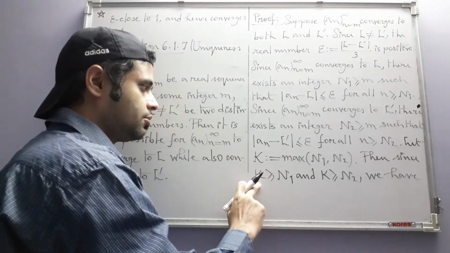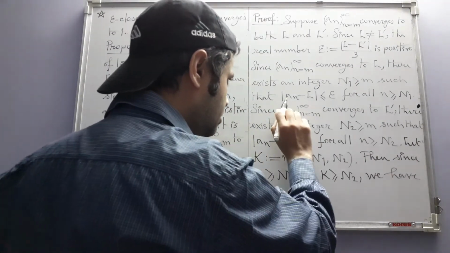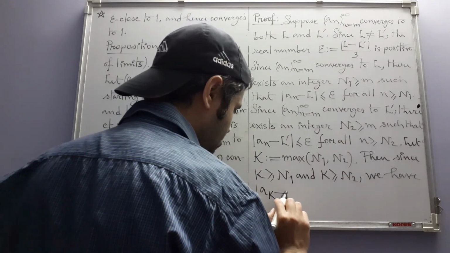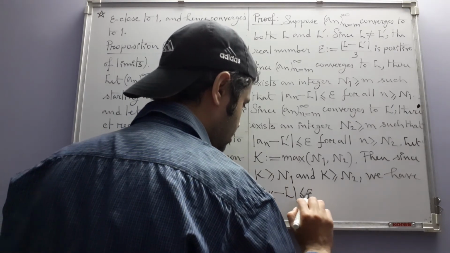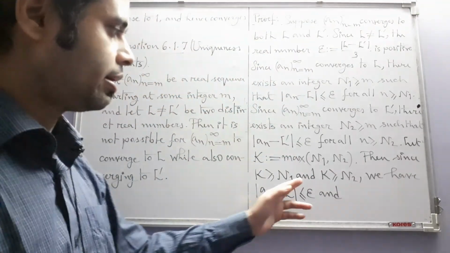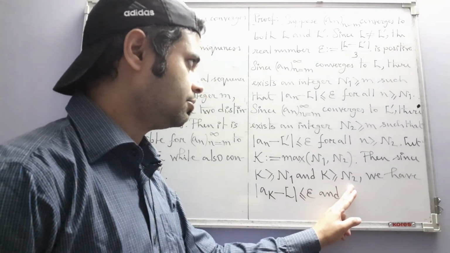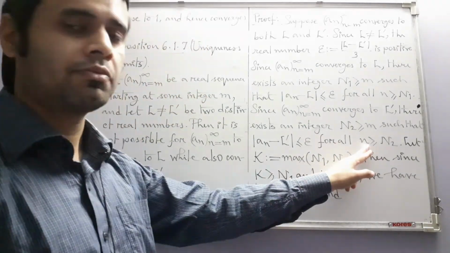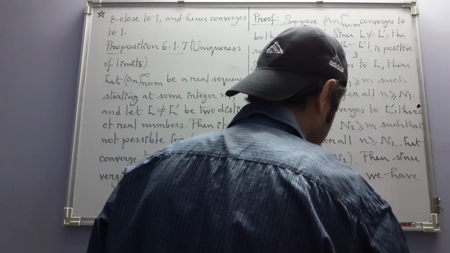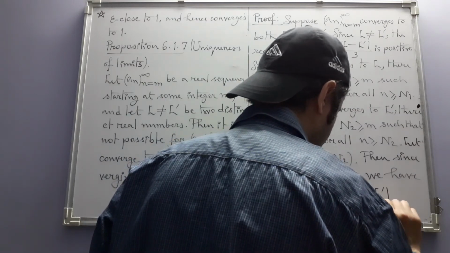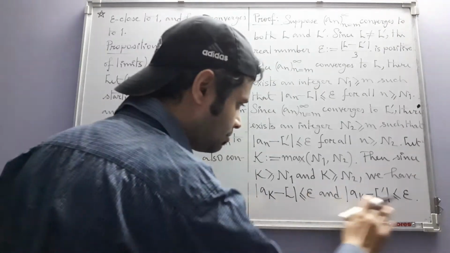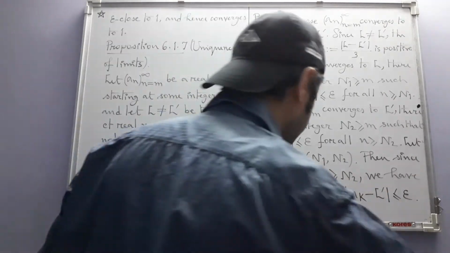So we are now in a position to use capital K in place of small n. Here we have a_k minus L less than or equal to epsilon, and just like that, since k is greater than or equal to n2, here also in place of n we can put k. Doing that, we get the corresponding inequality a_k minus L prime is less than or equal to epsilon. So now finally we have these two inequalities. Let us now use them.